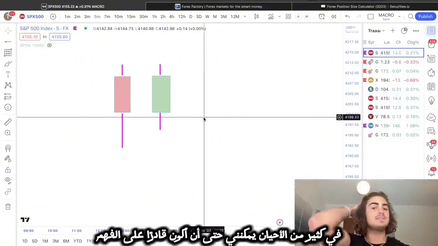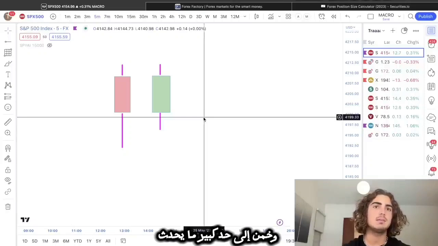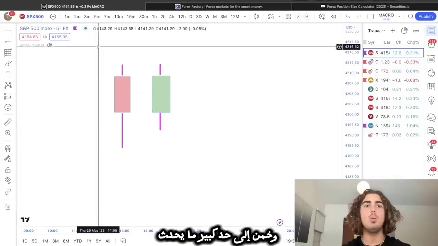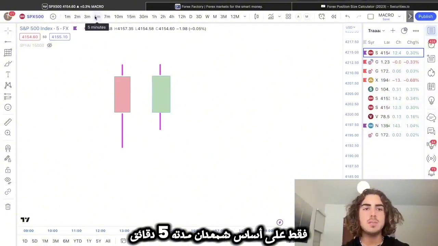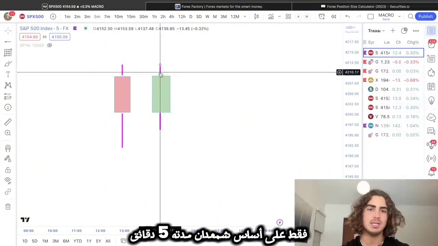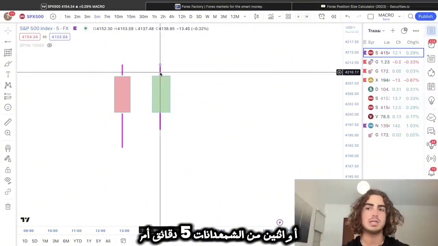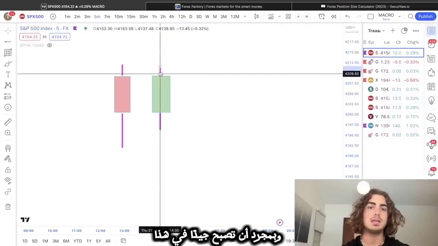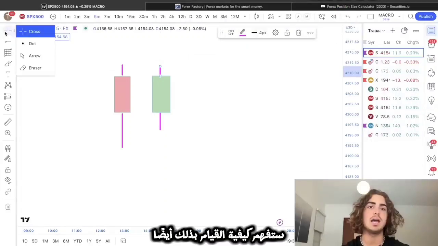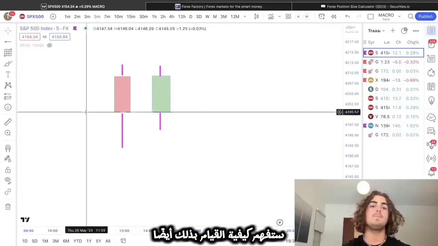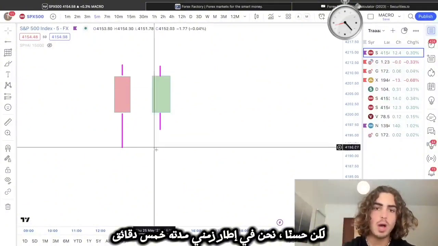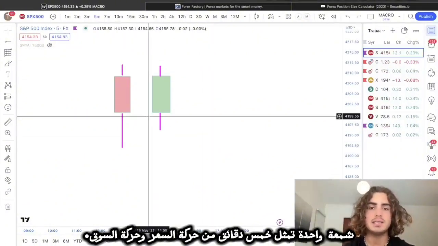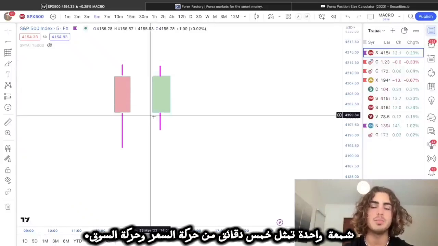Oftentimes I can even understand and pretty much just guess what is going on in 1 minute structure purely based off of a 5-minute candlestick or two 5-minute candlesticks. And once you get good at this, you'll understand how to do that as well. But we're on the 5-minute time frame. One candle represents 5 minutes of price action and market movement.